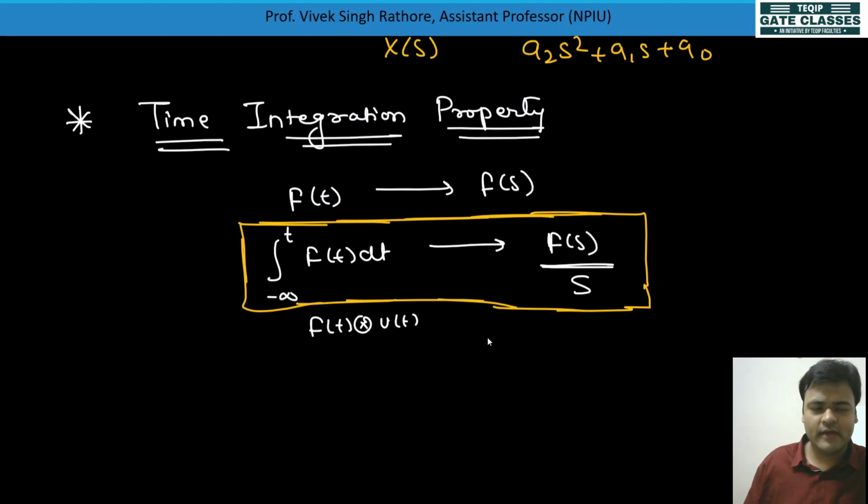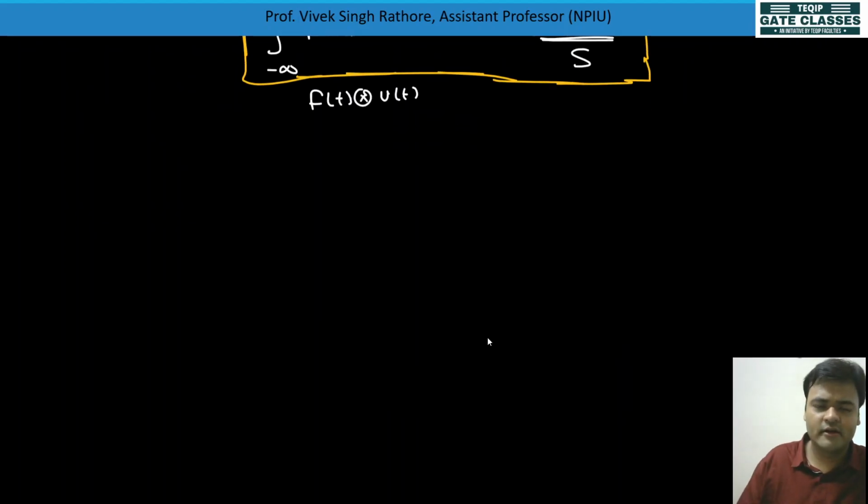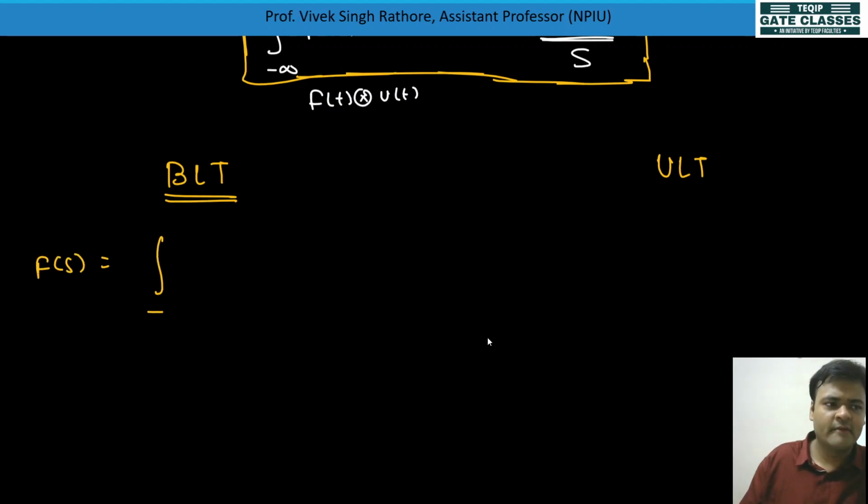Earlier, what we were taking was the bilateral Laplace transform, and there is one more variation of Laplace transform, that is the unilateral Laplace transform. What it means: the bilateral Laplace transform is when F of s is the integral from minus infinite to infinite of f of t e to the power minus st dt.